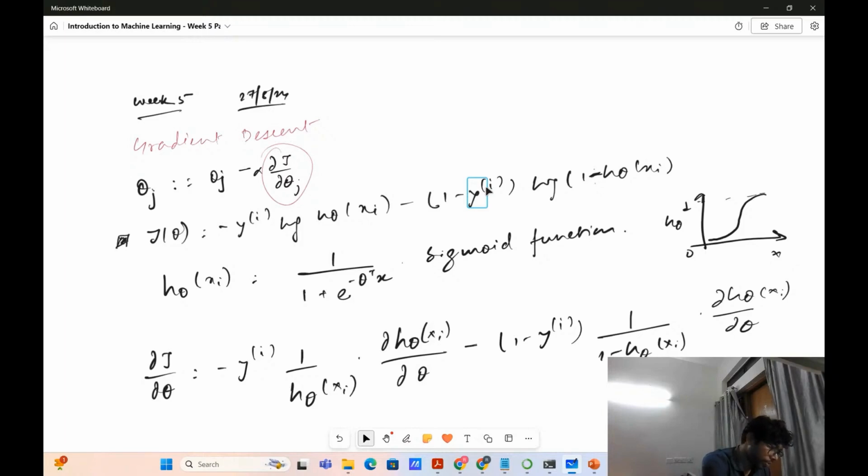Because of this minus sign, another minus will come, and this will be minus h. So this minus minus will actually become plus.